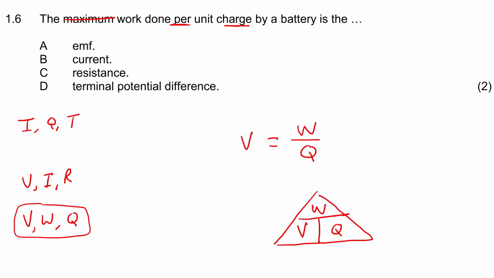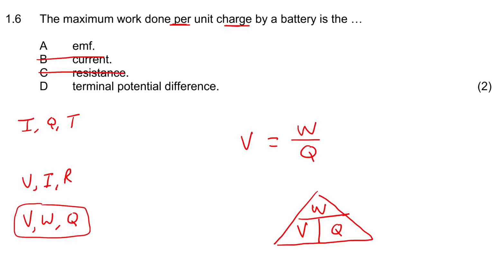But the idea is that the maximum, yeah, I guess that is important, but in fact that'll actually be very important. But this is still quite a challenging question. So it's definitely got something to do with voltage. Now voltage is EMF, but it's also potential difference. So it's going to be either this one or this one. I will explain shortly. So it's definitely not going to be this one. It's definitely not going to be that one.